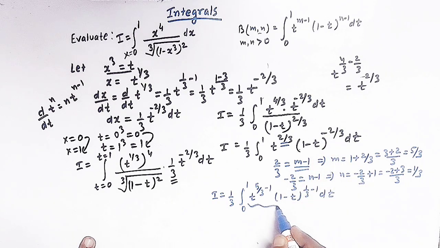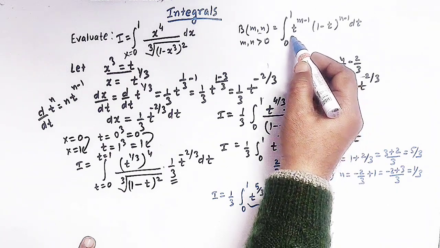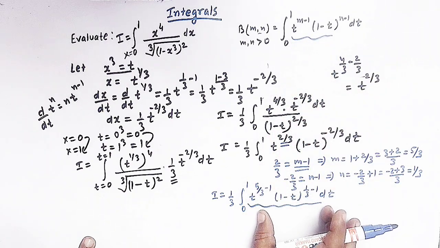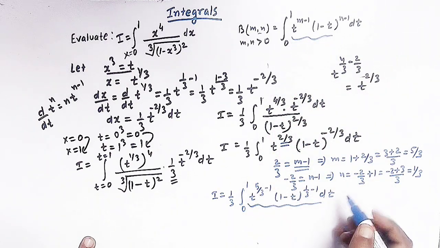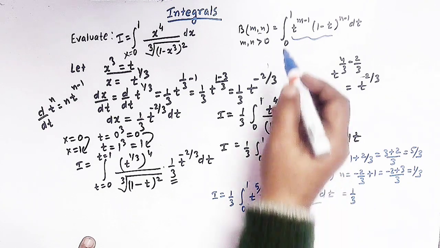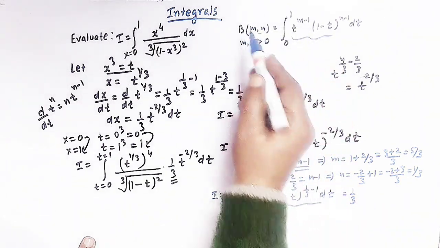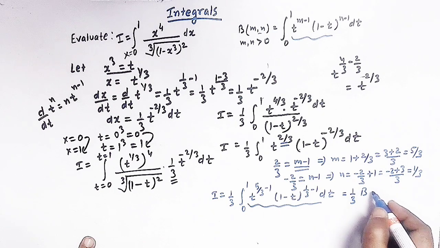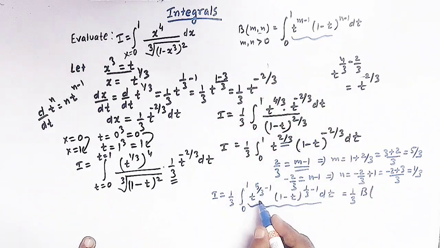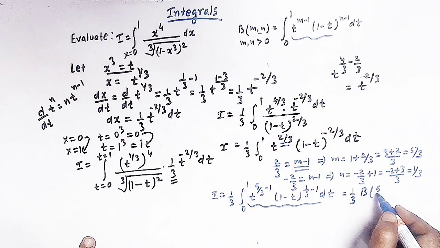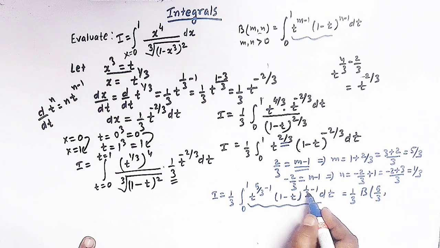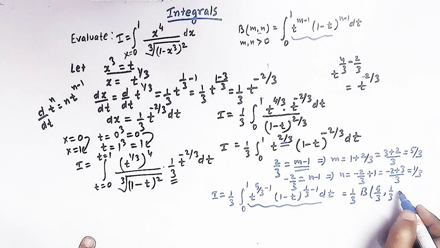So now this integral is similar to this one, that is, this is the beta function. So now we can write 1 over 3, and this integral is equal to the beta function, that is beta m comma n. So here m is 5 over 3 and n is 1 over 3.